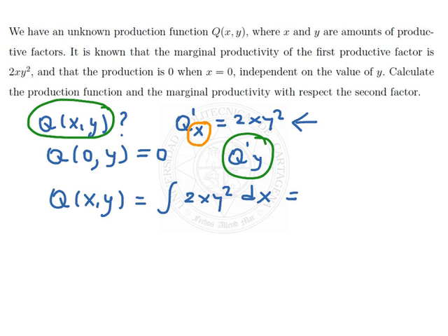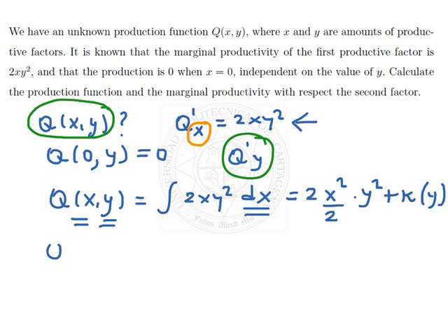So this is 2x squared over 2 and y squared, which is constant. Remember that when we calculate an antiderivative, we add a constant. The problem here is that we have two variables, x and y, and we have integrated with respect to x. So this constant, we know that it doesn't depend on x, but it can depend on y.